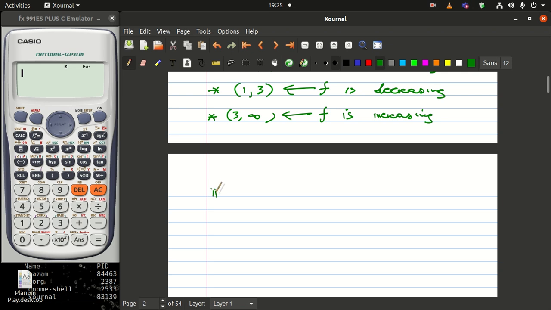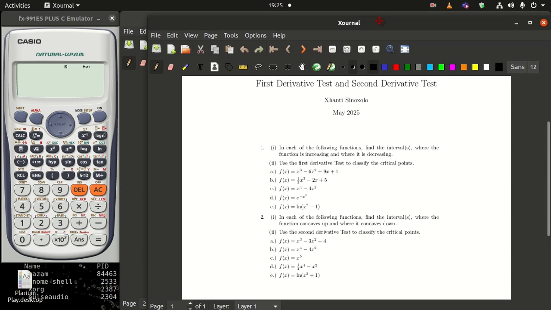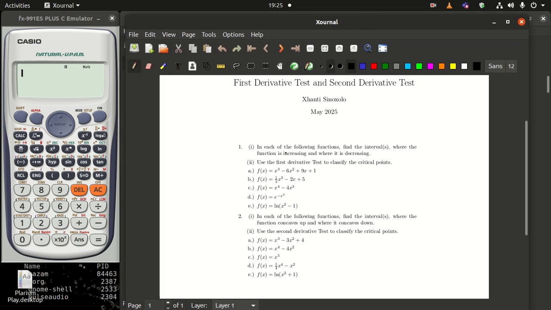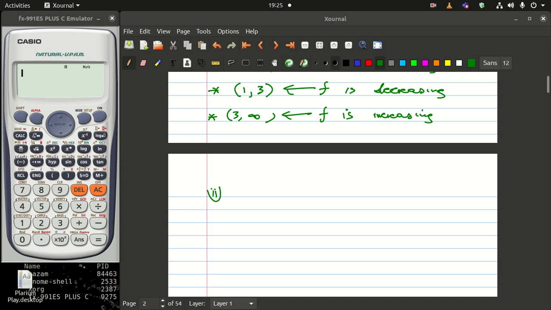Now, this particular question, the second question, was nicely saying that in each of the four, find the intervals where the function is increasing and where it is decreasing. And then the second part is saying use the first derivative test to classify the critical points. So what is actually needed here is this.